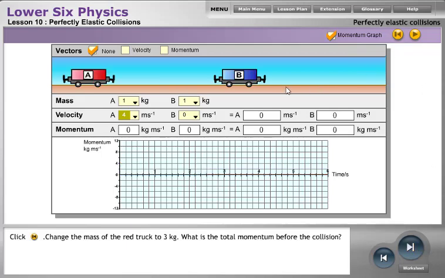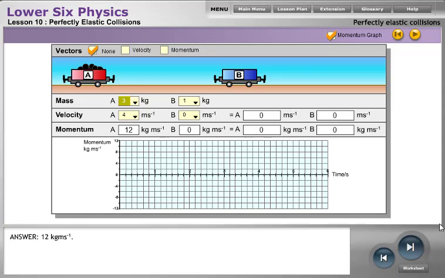Change the mass of the red truck to 3 kilograms. What is the total momentum before the collision? Answer: 12 kilogram meters per second. Predict the total momentum after the collision. Click Start to test your prediction.